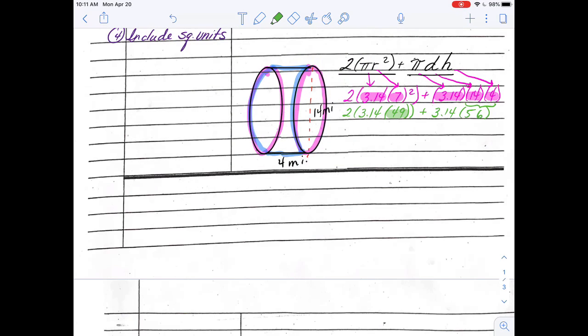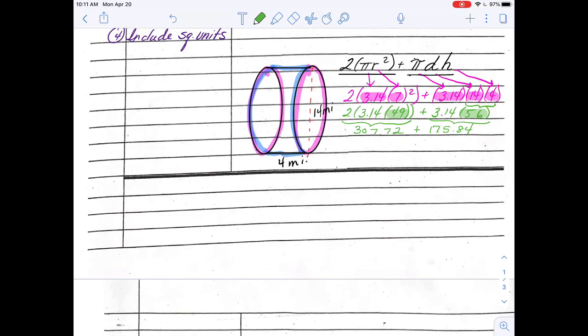Then I put the 14 and 4 together. It doesn't really matter the order you do, and I got 56. So now when I multiply those together, I should get 307.72, plus 3.14 times 56 gives me 175.84.